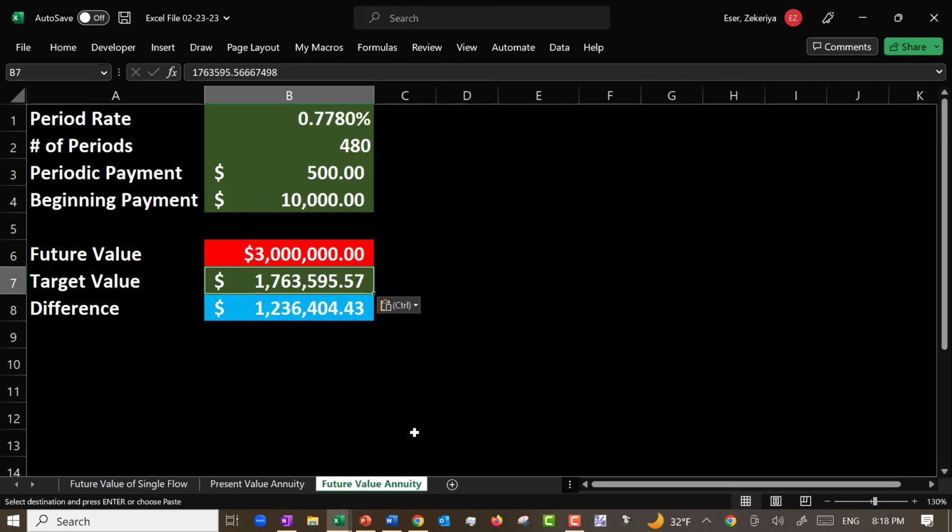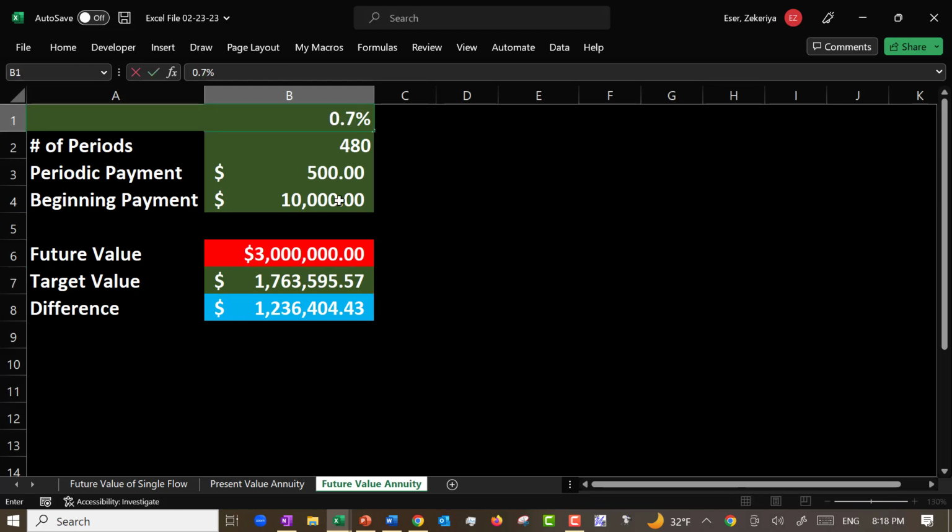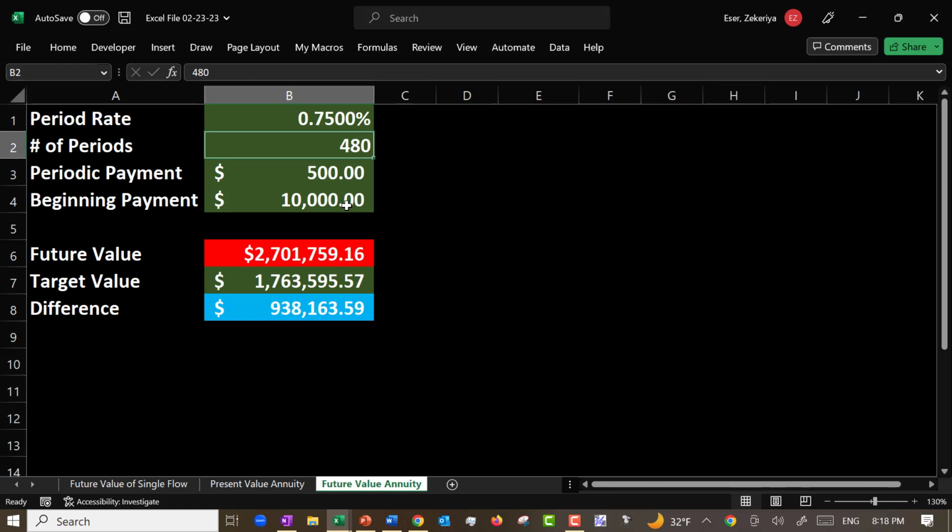That's my target. I know certain things. My period rate is going to be 0.75%. I'm going to invest for 480 months, and I'm starting with 10,000. So what should be that monthly investment to give me 1.763 at the end of 40 years?